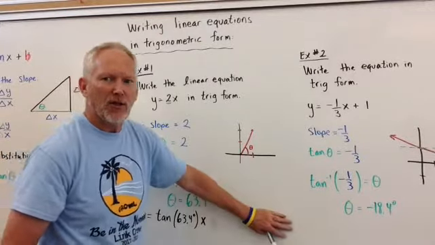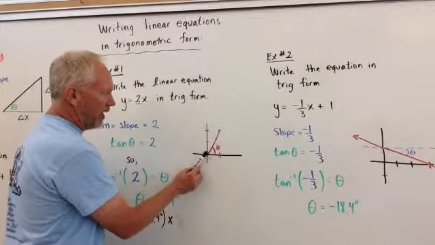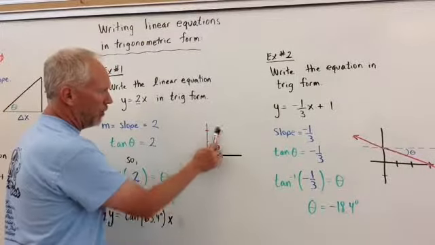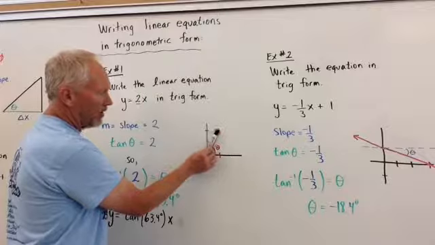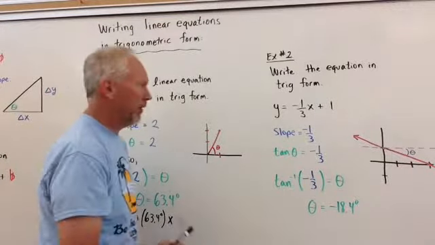All right, let's look at the picture. If we go up 2 and over 1, we are less than 90 degrees, so our theta here is about right at 63.4 degrees.